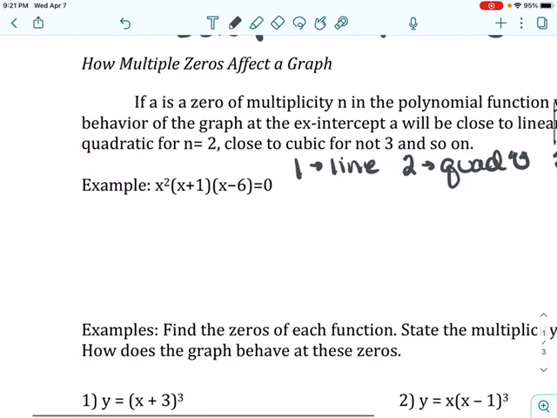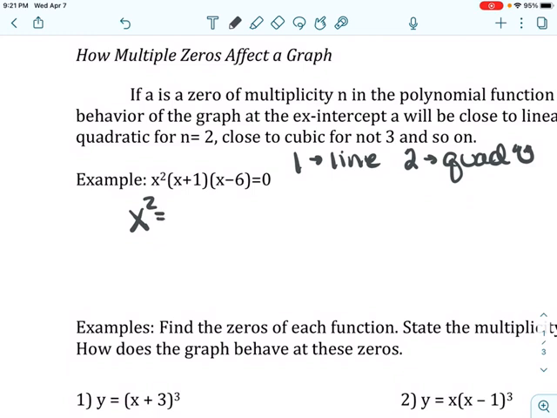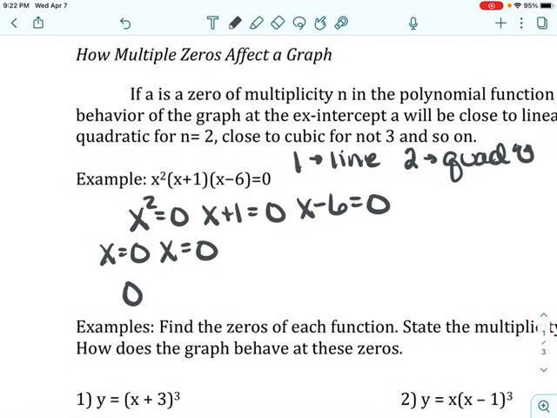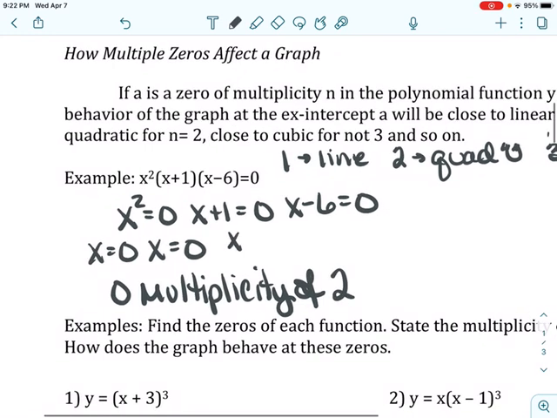So here's our example, x squared times x plus 1 times x minus 6. So we're going to let each of our factors equal 0. Okay, so x squared, that means there's 2 x's. So 0 occurs twice, so that has a multiplicity of 2. So this would be x equals -1, x equals 6.